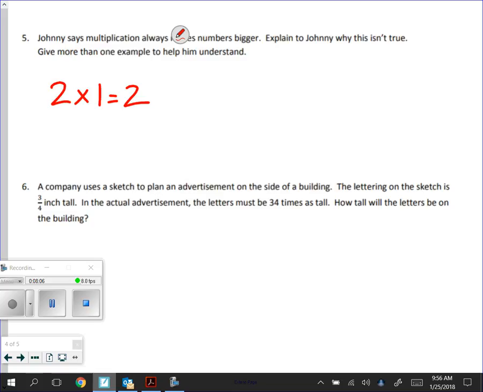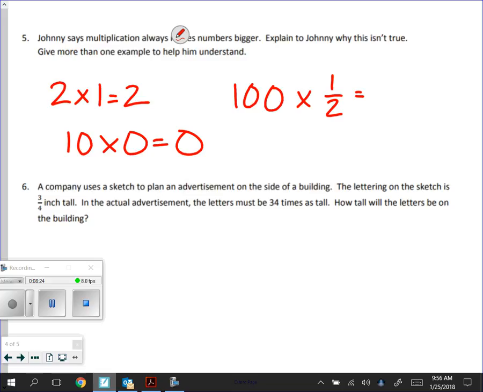You can do better than that. So, if multiplication always makes numbers bigger, what if I have 100 times 1/2? What do you get? You get 50. So does it always make numbers bigger? No. It depends on what you're multiplying.